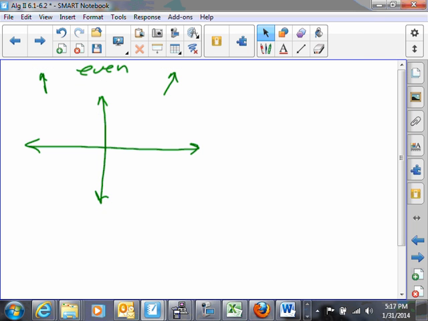If you do have an even degreed function, one of the things that's going to be true is we're going to talk about the idea that if you have real zeros, they kind of come in pairs.